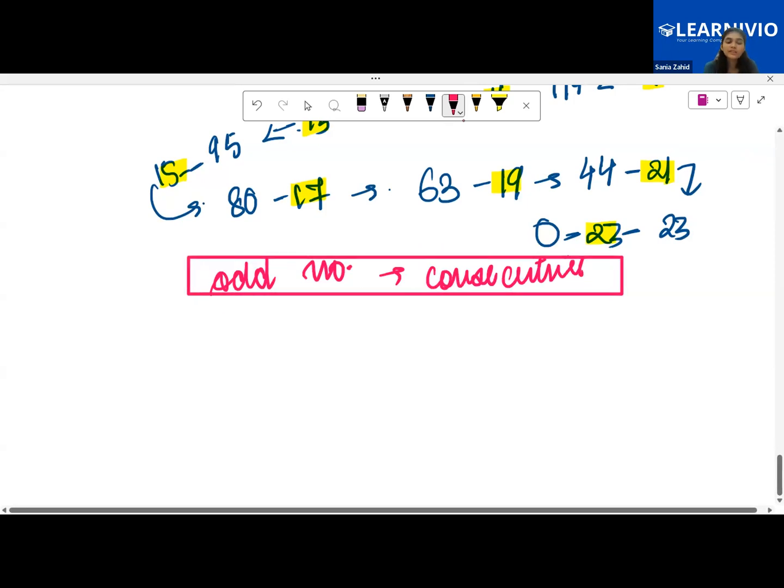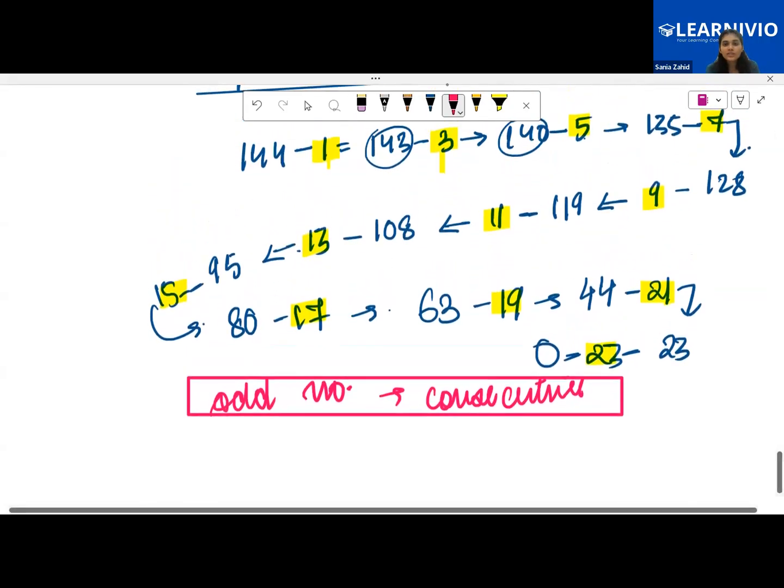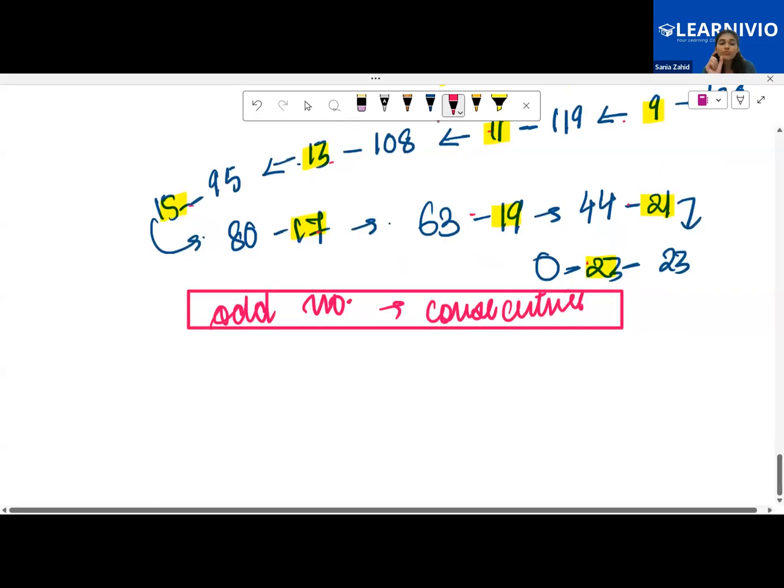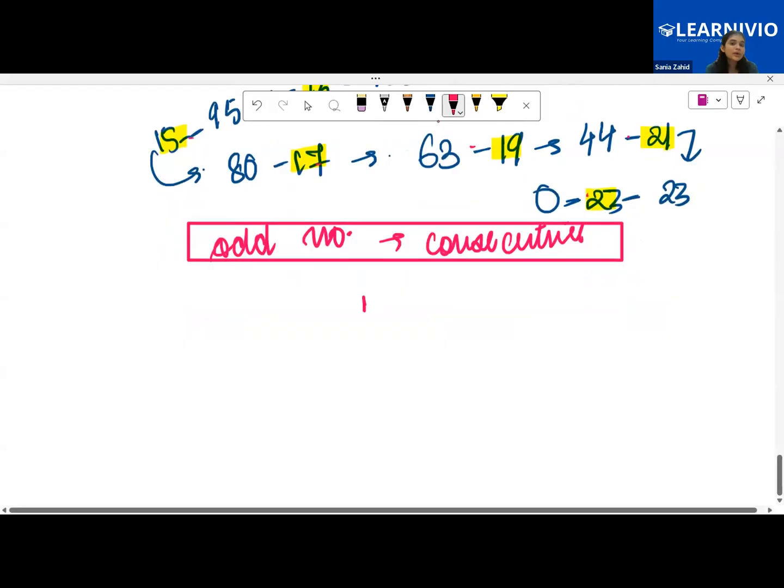If I keep on subtracting them from a given number, how many odd numbers have I subtracted? 1, 2, 3, 4, 5, 6, 7, 8, 9, 10, 11, 12. So the number of odd numbers that you keep on subtracting from a particular number is going to give you the answer. Like I subtracted 12 odd numbers. So the square root of 144 is equal to 12.